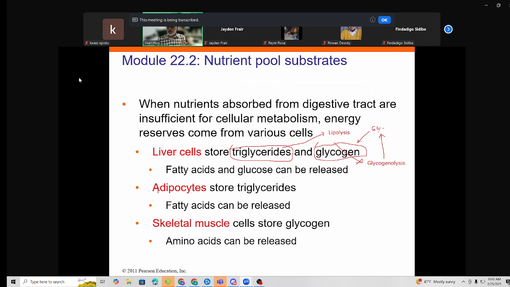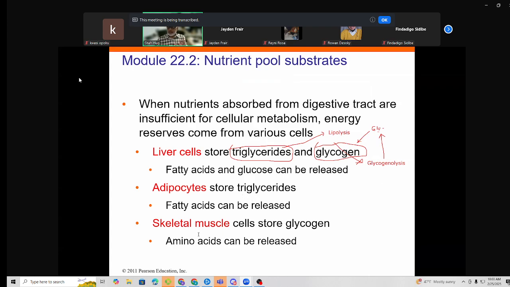Those are adipocytes. Adipose tissue is the tissue, and the adipocyte is the fatty cell. They store triglyceride, not glycogen.